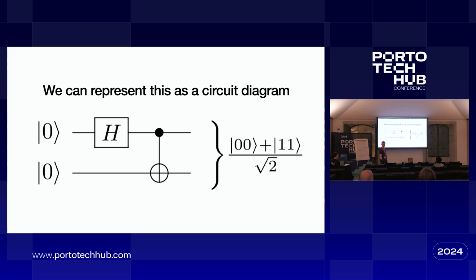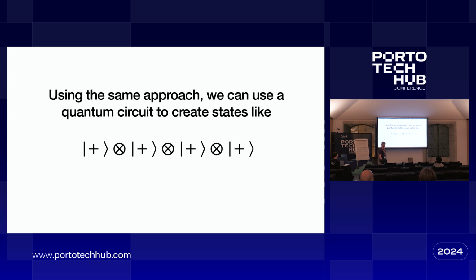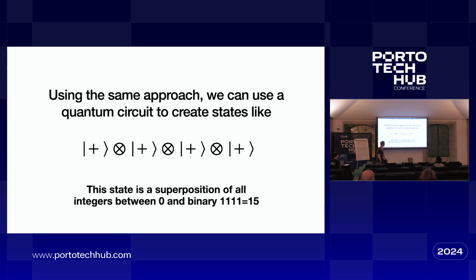Are we good? Cool. And in fact, we can do this on lots of qubits at the same time. That's actually just with the Hadamard. This is not entangled. This is just hitting a bunch of qubits with Hadamards. This state, where every qubit in a long chain of qubits is in the plus state, is, if we interpret those as binary digits, a superposition of every number between 0 and 15, right?